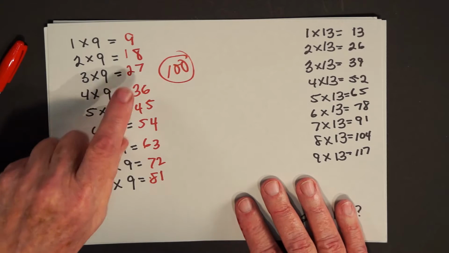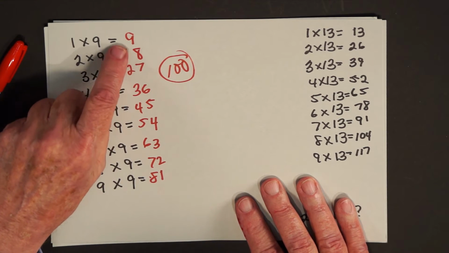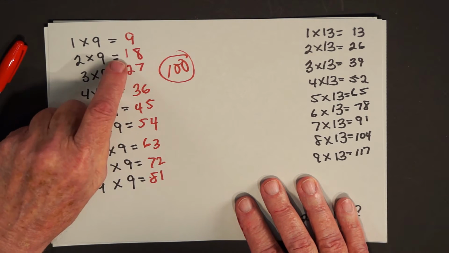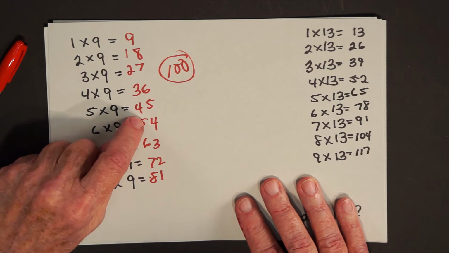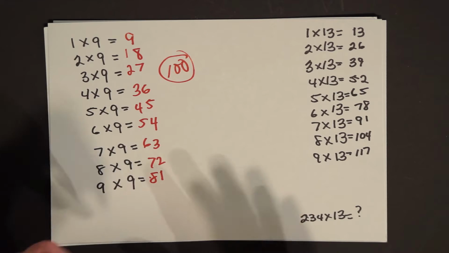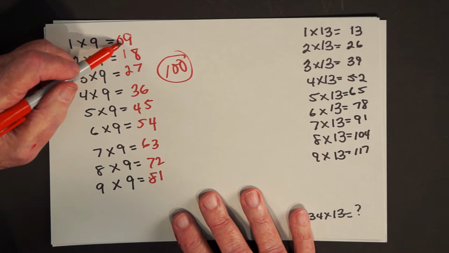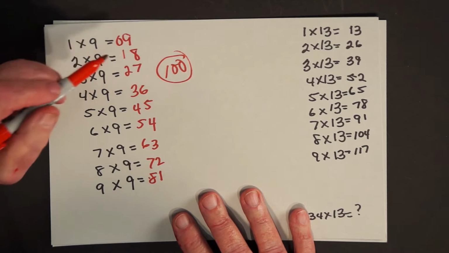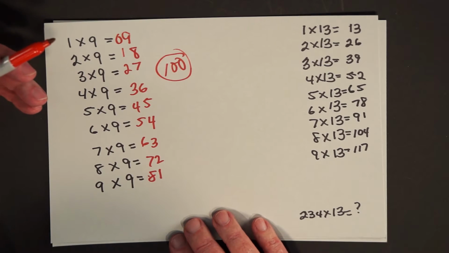And by the way, that keeps the sum of the digits the same, something we may not have realized. If you add up the digits here, 1 plus 8, 2 plus 7, 3 plus 6, 4 plus 9, 5 plus 4, they all add up to 9. And the reason is we added 1 to the tens place and subtracted 1 from the ones place, so the net difference from one line to the next is 9.